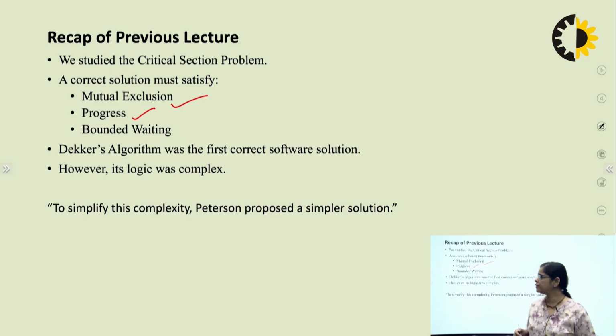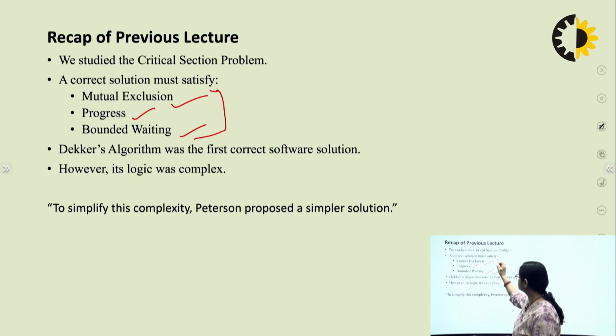That is progress. In bounded waiting, we give each process a turn: each process should get an equal turn, and there should be no starvation. The critical section problem is solved only when these 3 properties are satisfied.